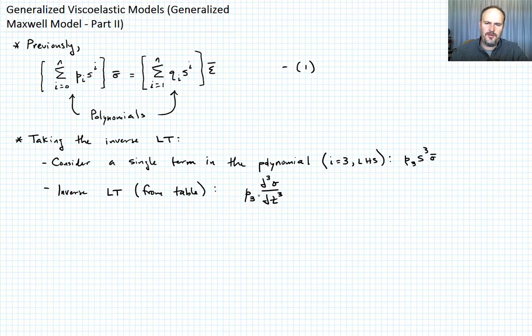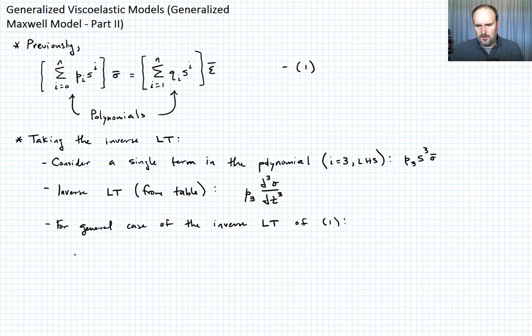We can do that for all the terms in the polynomial. So for the general case, we have the summation from i equals 0 to n.